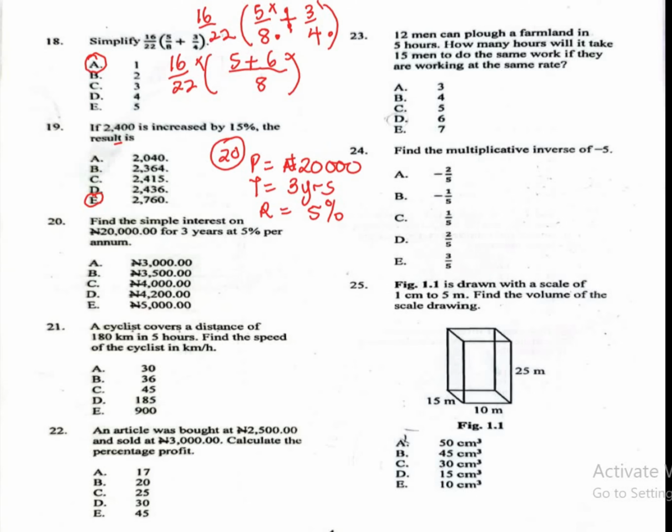The formula for calculating simple interest is principal times rate times time divided by 100.